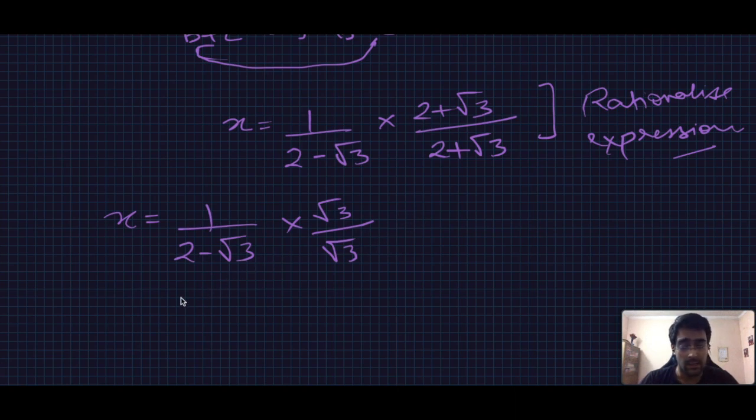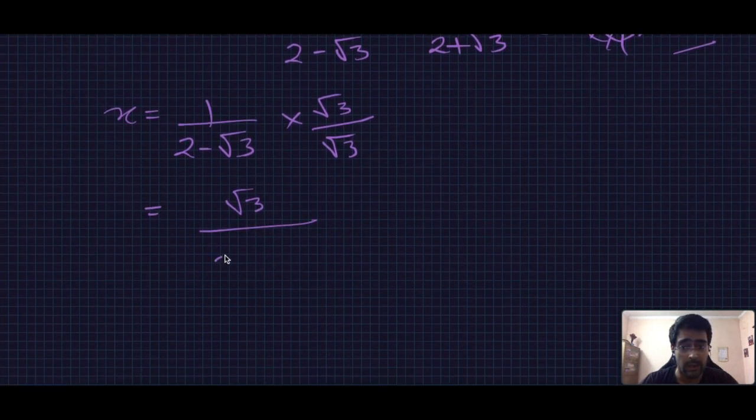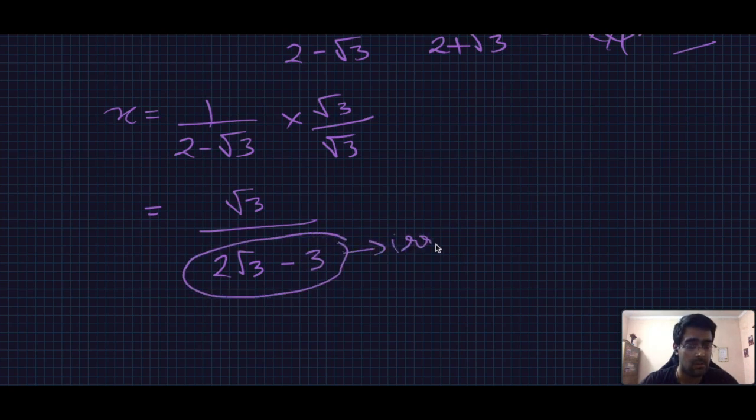If you solve it, you'll see that we'll get root 3 in the numerator, but in the denominator we'll get 2 root 3 minus 3. This still is an irrational number, right? But our objective was to remove irrationality from the denominator. That's why we started rationalization in the first place.